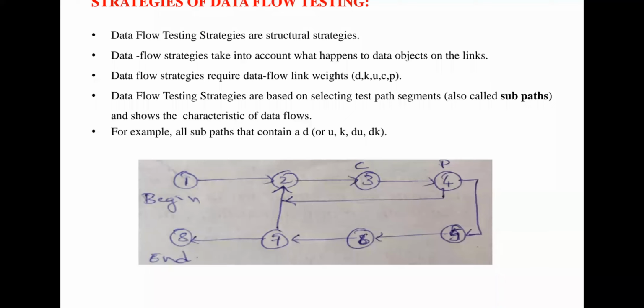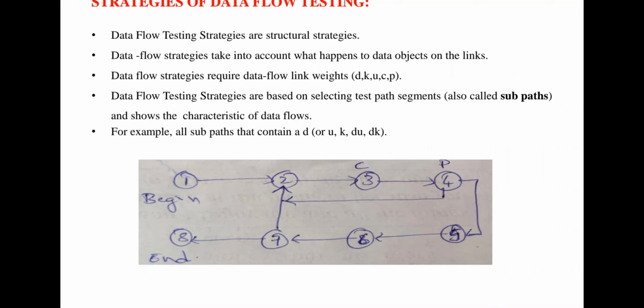Okay, this is the diagram representation of the data flow. This data flow has begin and end nodes, which are called dummy nodes. Every node has a connection from one node to another. It starts from the begin node and ends at the end node. In between, we have some computational representation and predicate representation.